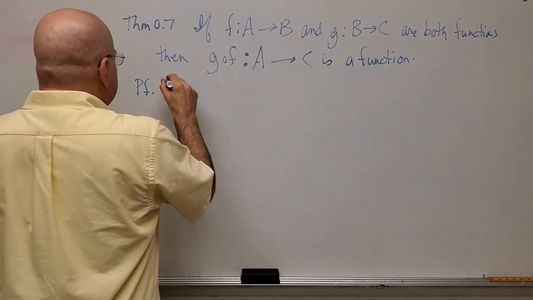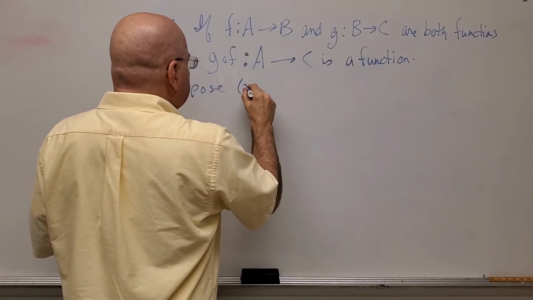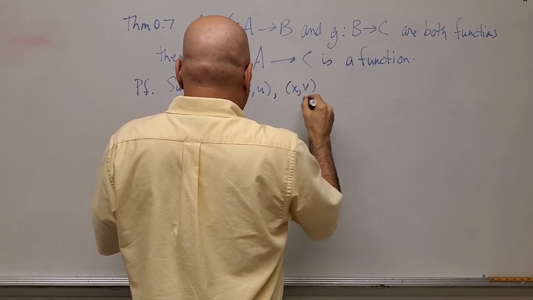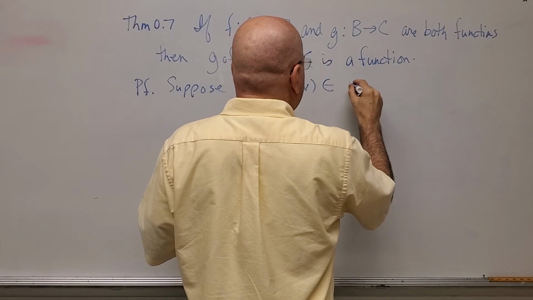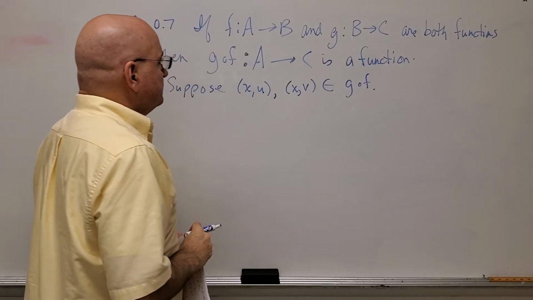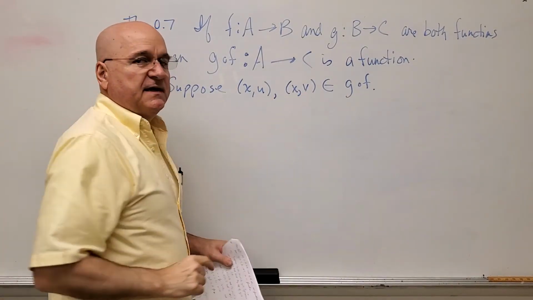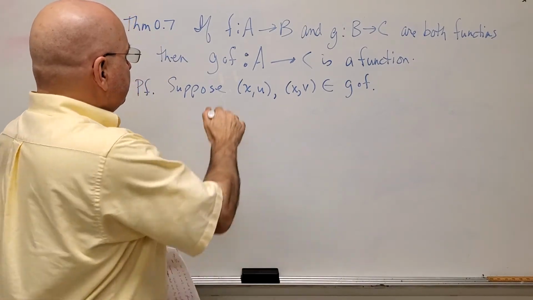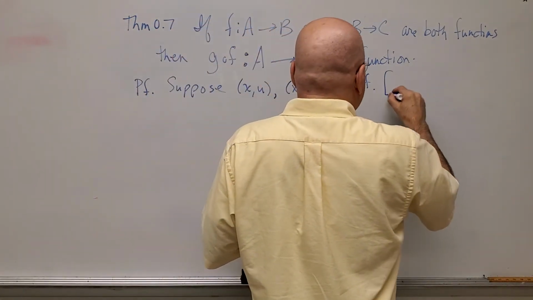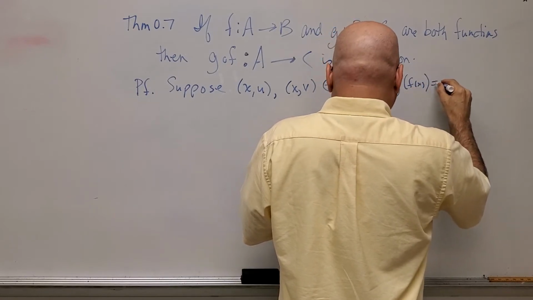So what we'll do is suppose that (x, u) and (x, v) are elements of g composed with f. And what we're going to prove is that it must be that u and v are equal to each other. And that will prove that this is a function. Okay, so that means that g of f of x equals u.